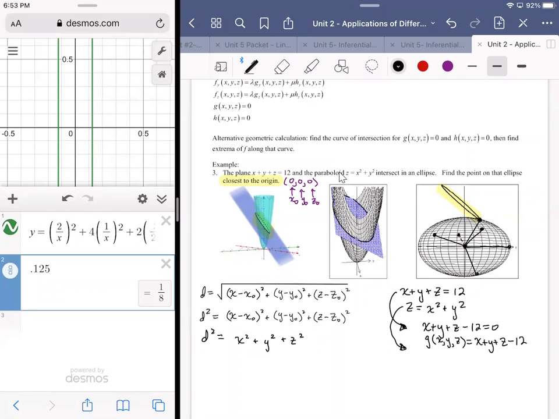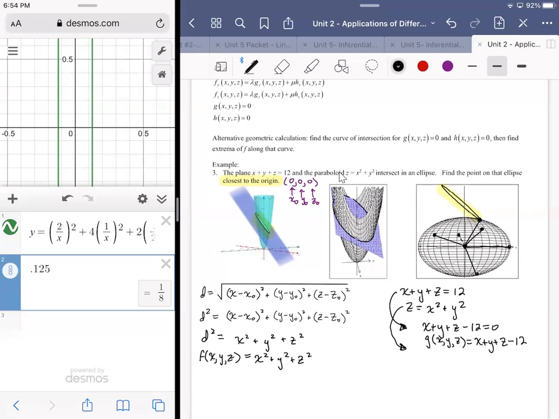Right? Now the other one, at first glance, it's already equal to z. So can we call it f of x comma y? Well, we could, but the thing is, everything else is in terms of x, y, and z. Right? So, for example, I'm going to call this one f of x comma y comma z. I already call this one g of x comma y comma z.